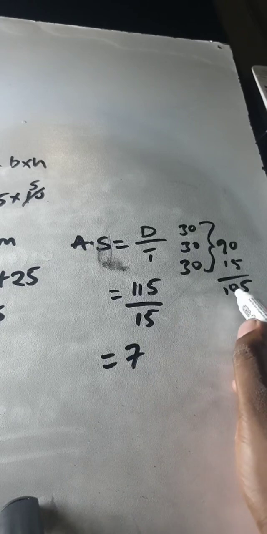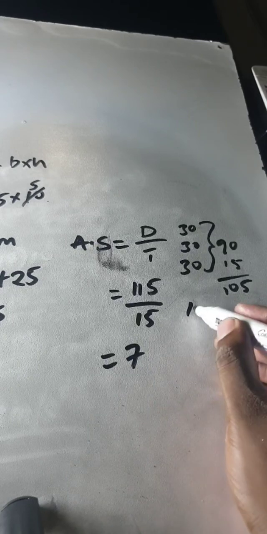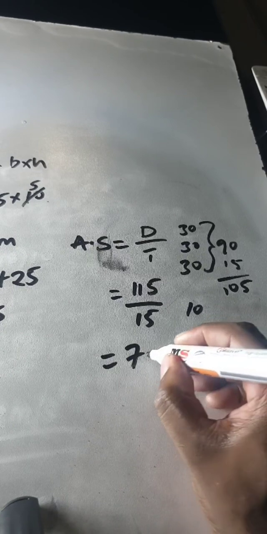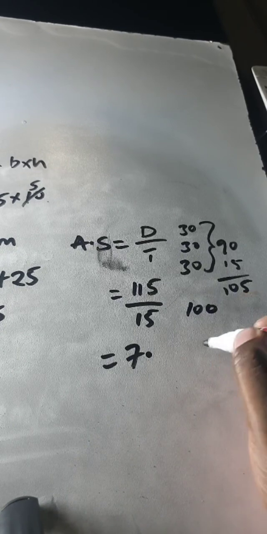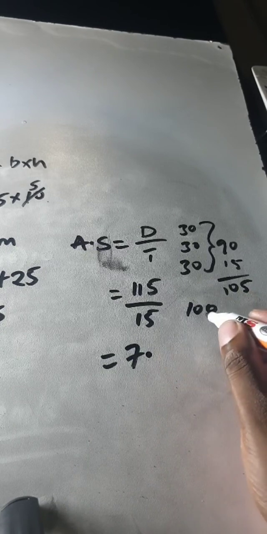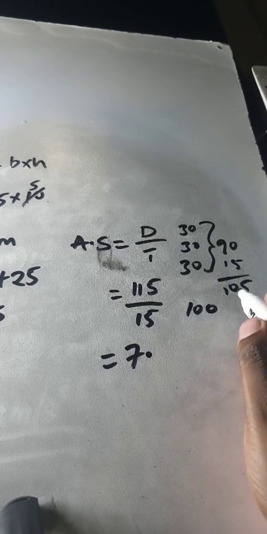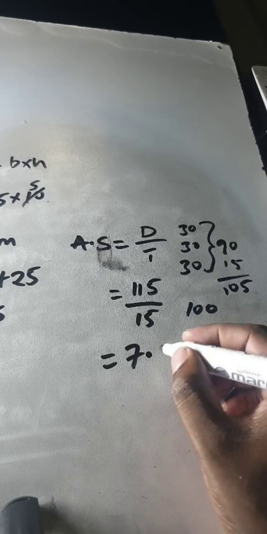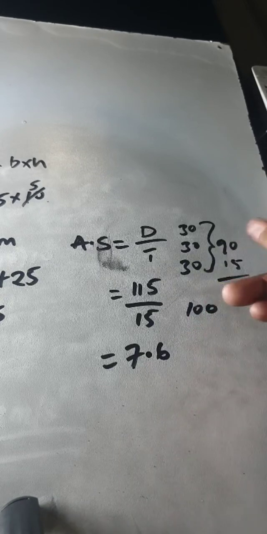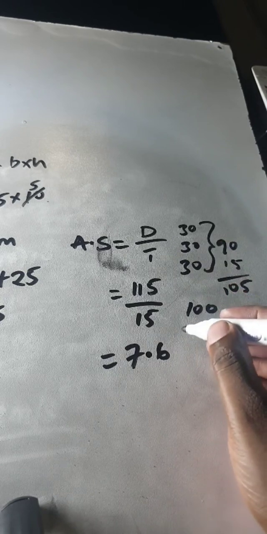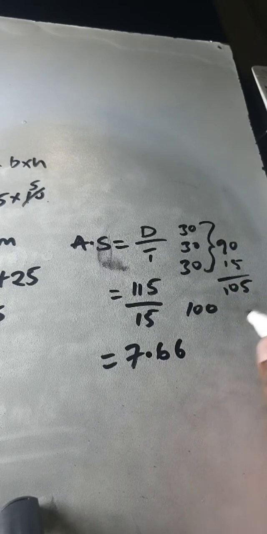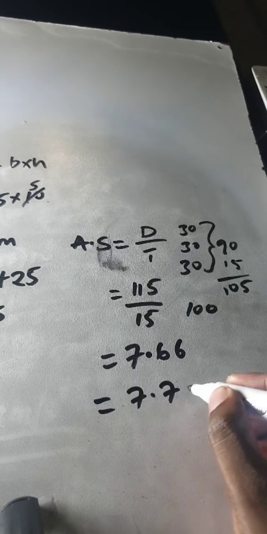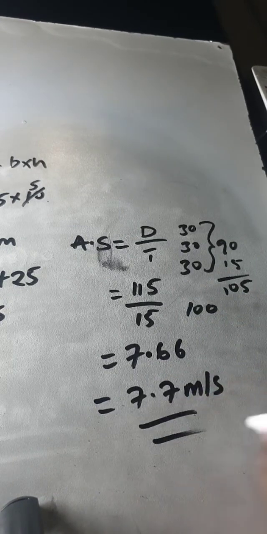Remember 10. 15 into 10 can't go, so make it 100. 15 into 100 is 6. So we will keep on having 6 like that. So our answer will be 7.7 meters per second.